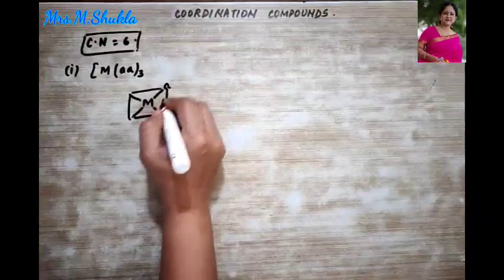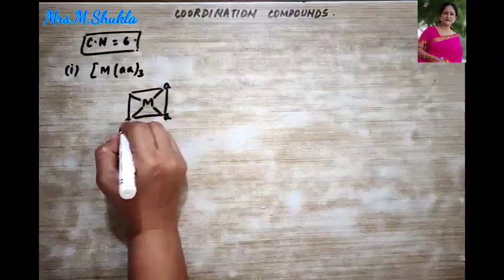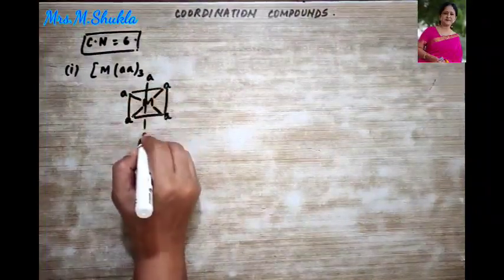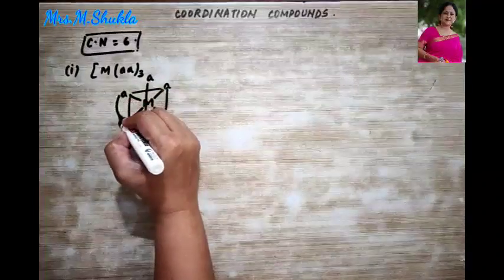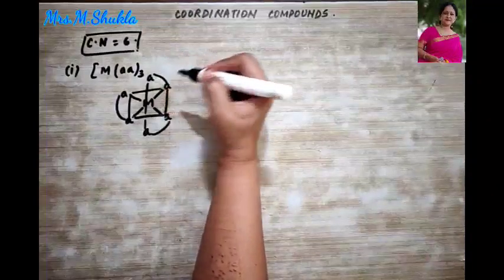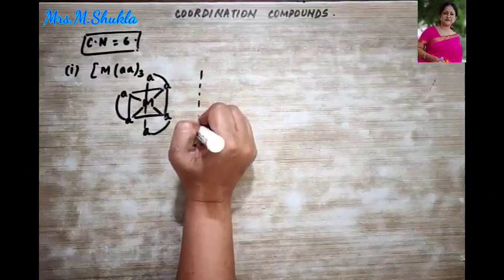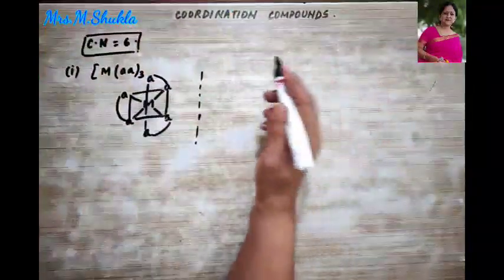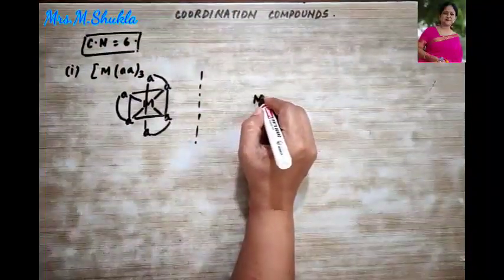This is A. Okay, here you can see this. Fine. And let's see the optical isomerism of this. When this goes to the other side, how will it look?